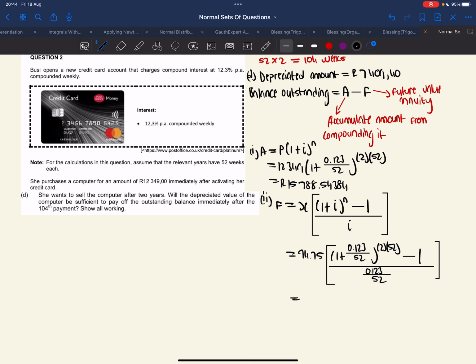Then we close that whole inside bracket, and we should get a value of 11156.97628.